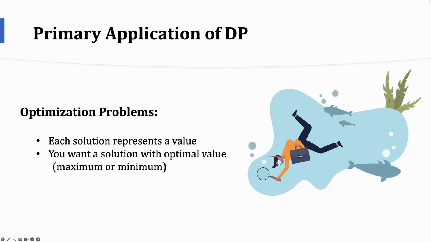That brings us to the next thing here, which is what is the primary application area for dynamic programming. So dynamic programming is particularly well suited for solving optimization problems. You might ask, what are optimization problems? These are problems where we seek to find the best possible solution, either to maximize or minimize a certain value.